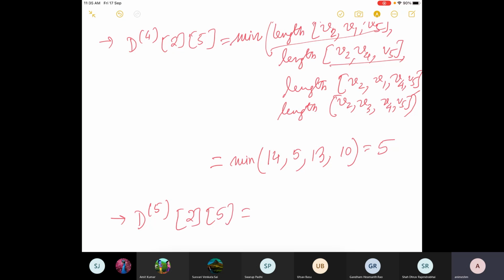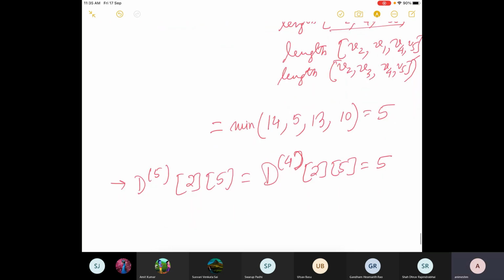How much is D5 25? Same as D4 25, because of the shortest path, again the same reason.